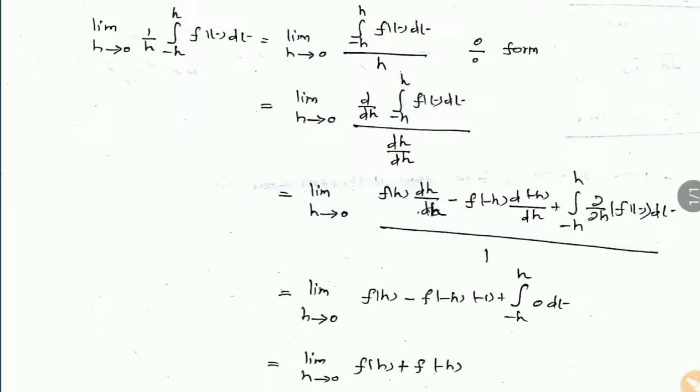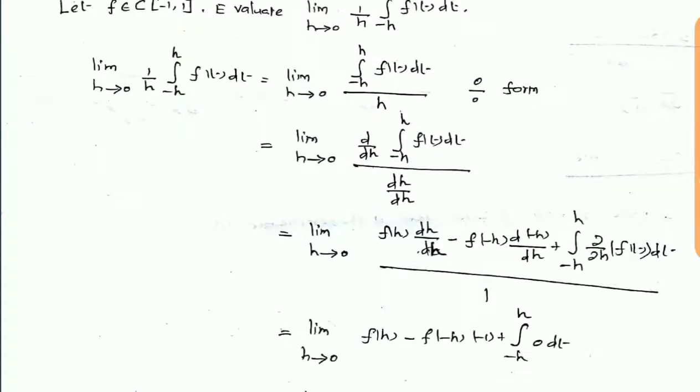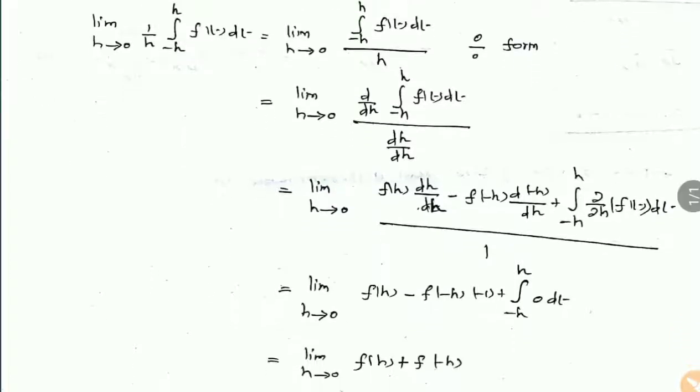Here I am differentiating the numerator with respect to h. So d/dh of the integral from -h to h of f(t) dt, divided by the derivative of h with respect to h. By using the Leibniz rule of integration, first I need to substitute the upper limit h for the integrating variable t.